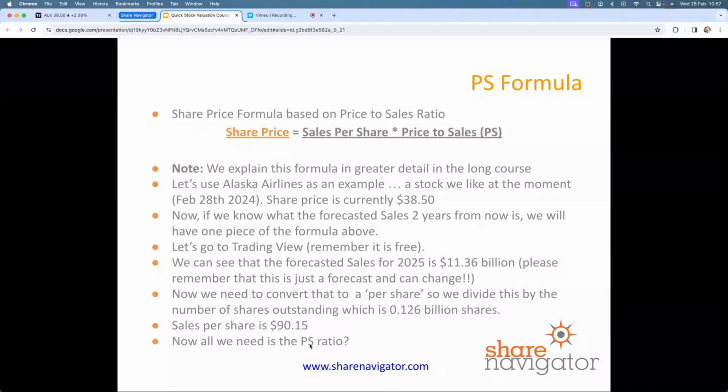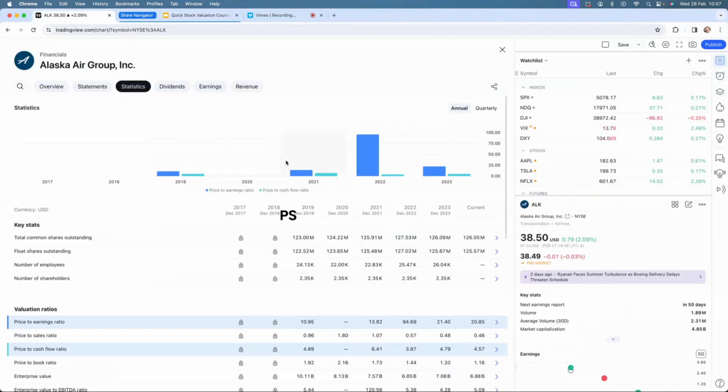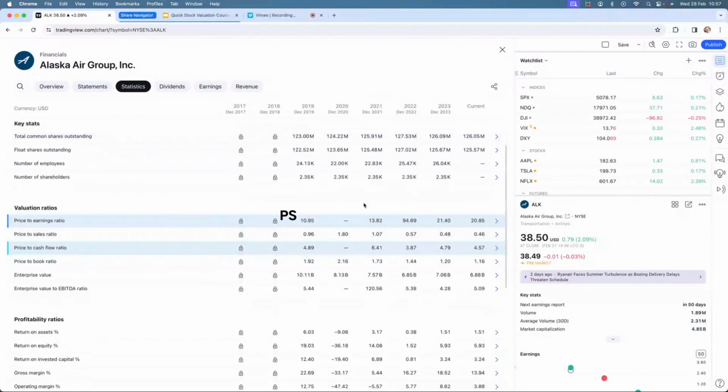So now all we need is, what is the typical price to sales ratio? Remember the second part of the formula. We've got the sales per share of $90.15. For the price to sales ratio, we need to go back to our statistics. Over the last 5 years, we can see the price to sales ratio for Alaska Airlines, what it traded at.